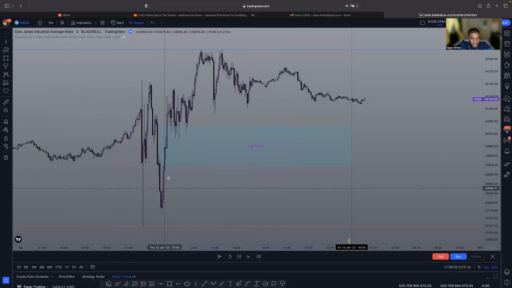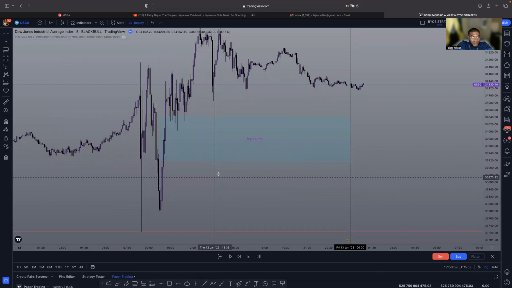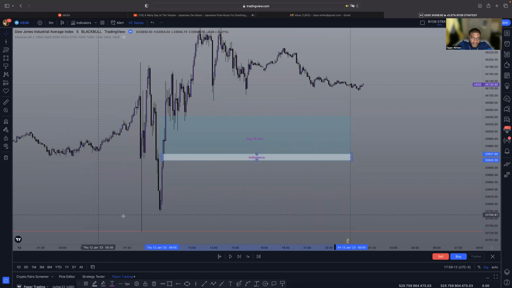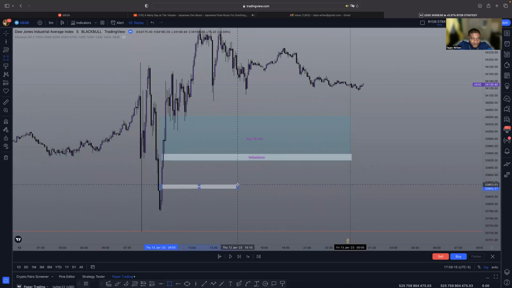And then I'm gonna highlight these two right here that I see on the 5-minute time frame. Here. Just put that as an imbalance so it can be something, I guess, like a different color. And right in here.